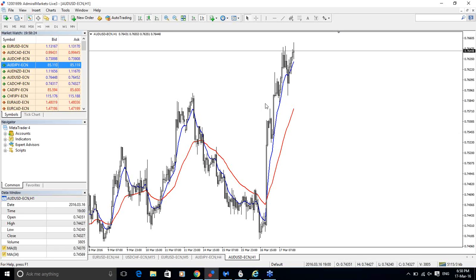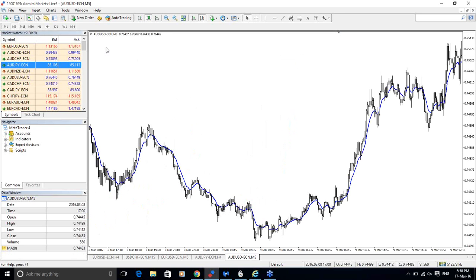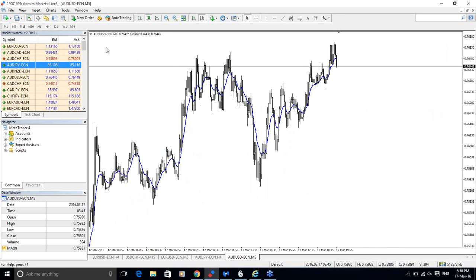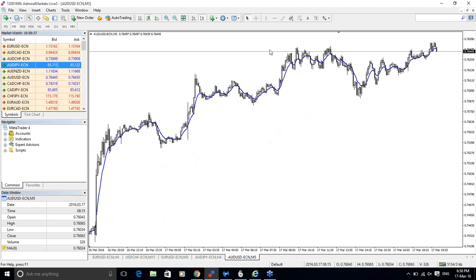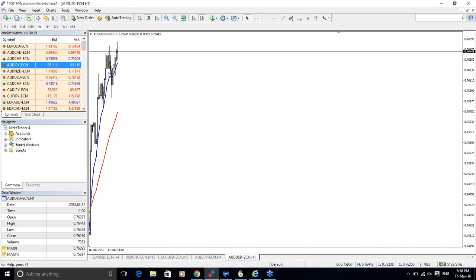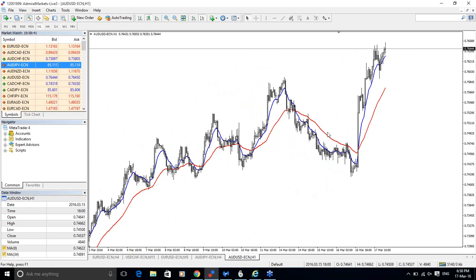So when you see a huge trend like this, you go to the 5-minute time frame, and you don't trade any EMA cross, you trade the price cross. So what you want to see ideally is, as long as the moving averages are aligned, blue above red, we have an uptrend.